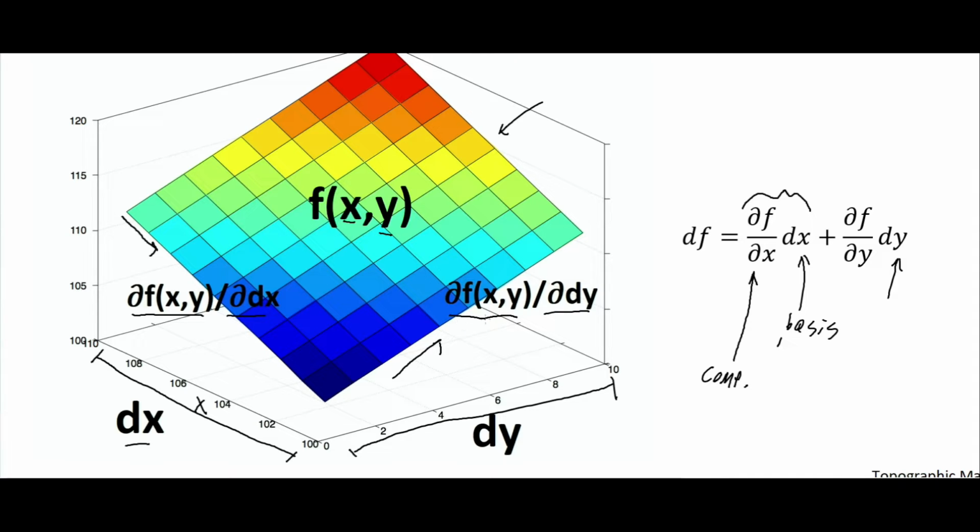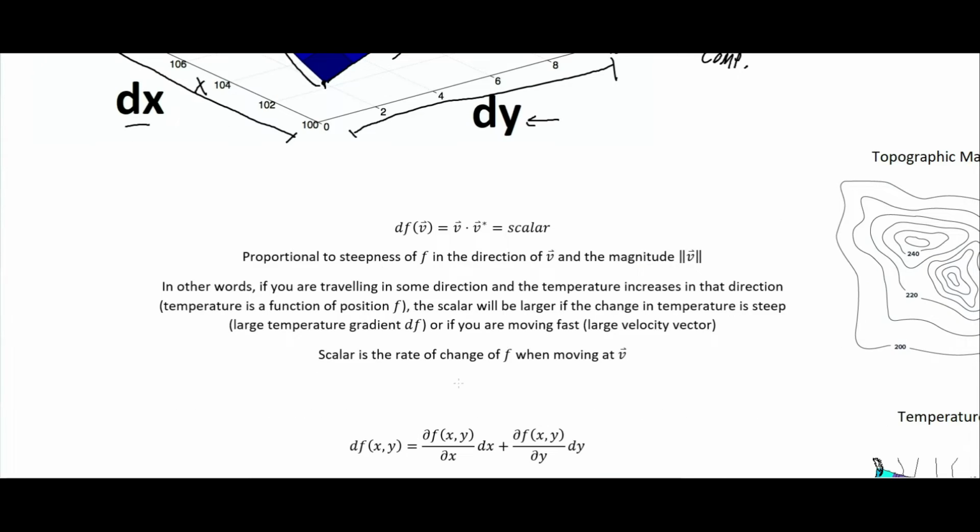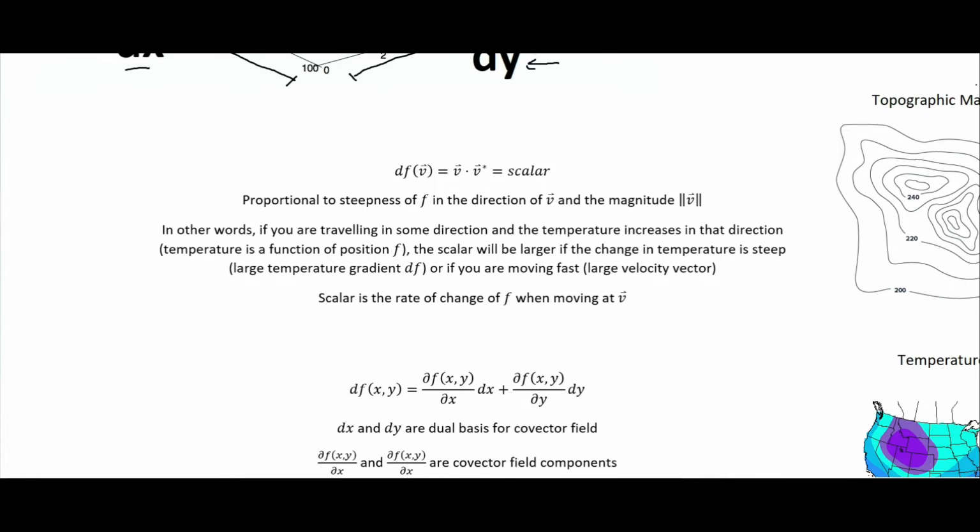Then this partial of f of x and y with respect to y times this dy will give us this part right here. And if we add those together, it will give us a covector here. And this is kind of a bad example because if we go from this point down to this point and then from this point up to this point, we just get 0, but the idea is that we are just adding some small section of this slope plus some small section of this slope here, and that gives us our covector.